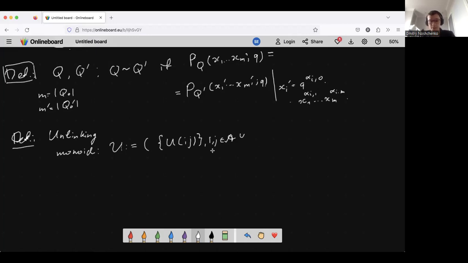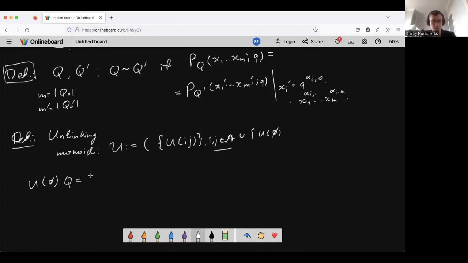This is just some convenient set of labels, for example the set of integers. And to make it work nicely, we can append it with an operator which kills the quiver, a zero element.